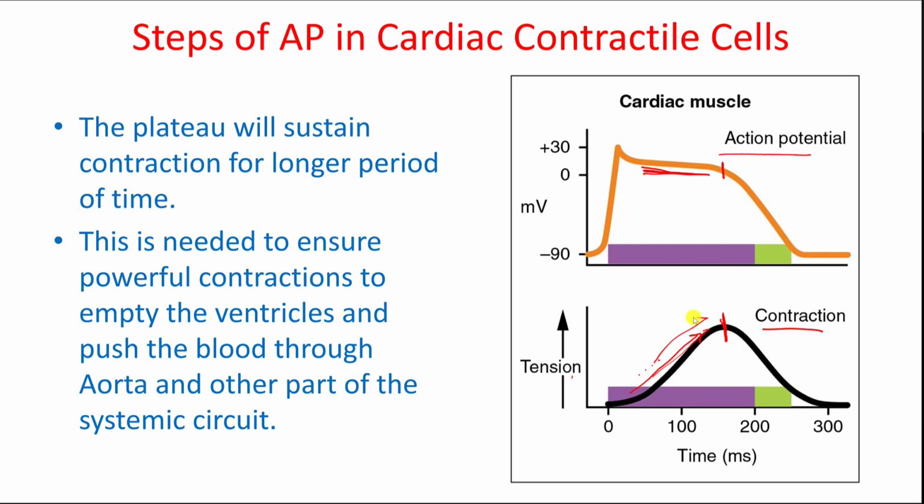To build up this tension, remember we said we need to push the blood through the entire arterial system, and there is so much resistance there. We're talking about the systemic circulation. So that's why we need a great deal of tension, a great deal of contraction. So the plateau would last maybe 175 to 200 milliseconds. The contraction of the ventricle will take around 200 milliseconds.